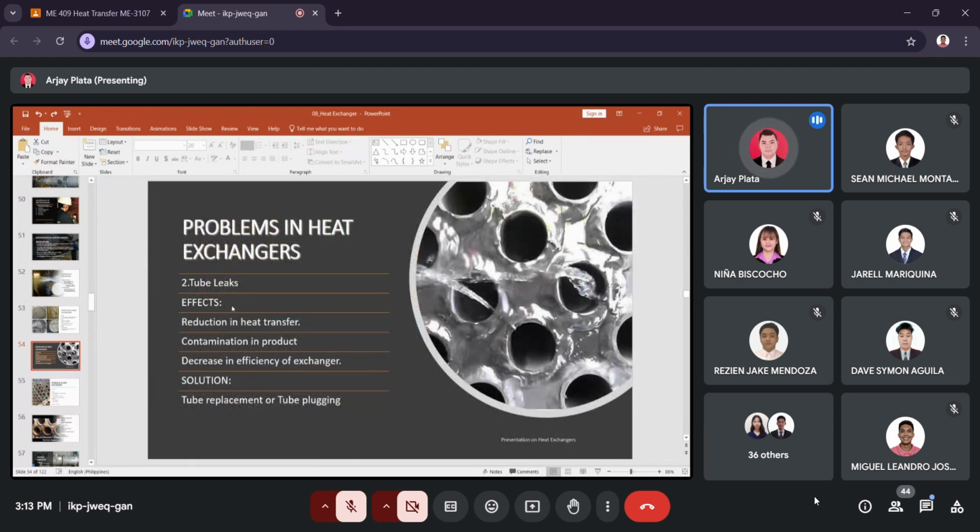Also leakage, as you can see. The effect of leakage in the heat exchanger is that it reduces the heat transfer rate and causes contamination in the product. It's very important that the product should not be contaminated. It also decreases the efficiency of the heat exchanger. The best way to avoid this is to replace the tube. That's the only way.